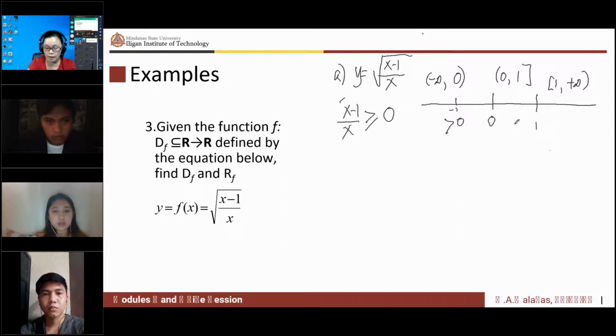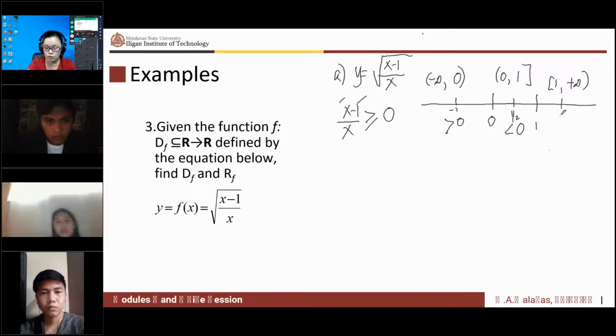When x is 1/2, you can take 1/2 as a test value. You get negative 1/2 over 1/2, that's negative. So this is less than 0. And if you have a point here, let's say 2, 2 minus 1, that's 1 over 2, that's greater than 0.